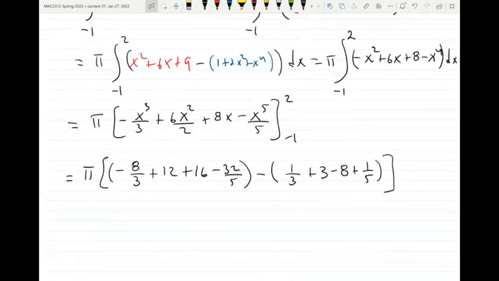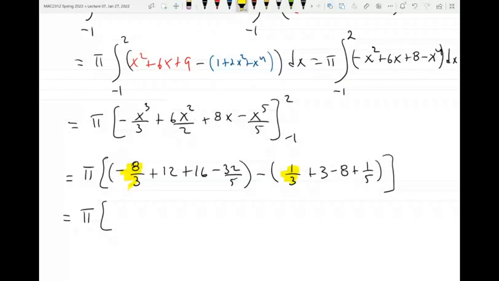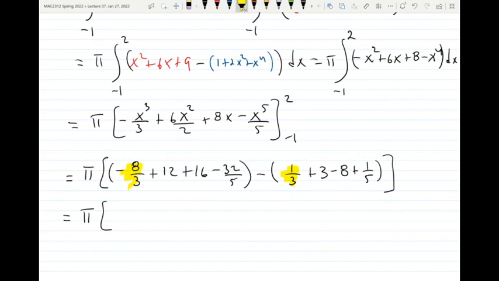And now we combine. Let's see. I can combine this one with this one. So negative 8 over 3 minus 1 over 3, that's negative 9 over 3, which is negative 3. So let's see. We're big guys, so we can do this. 12 plus 16, 28.